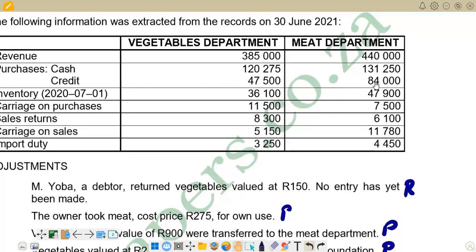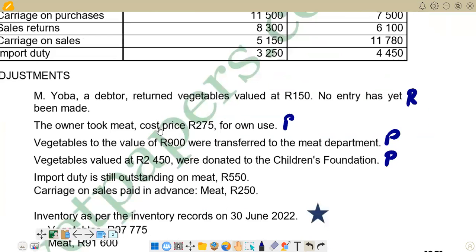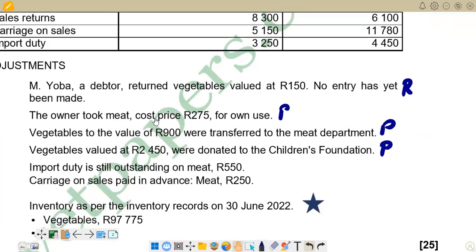Then we add the credit purchase, that's 84,000. Remember, we don't have any returns there in the list of balances of purchases. So we go to check if we've got anything that is affecting the meat department in terms of purchases. So if you look here, this one, the owner took meat with cost price 275.